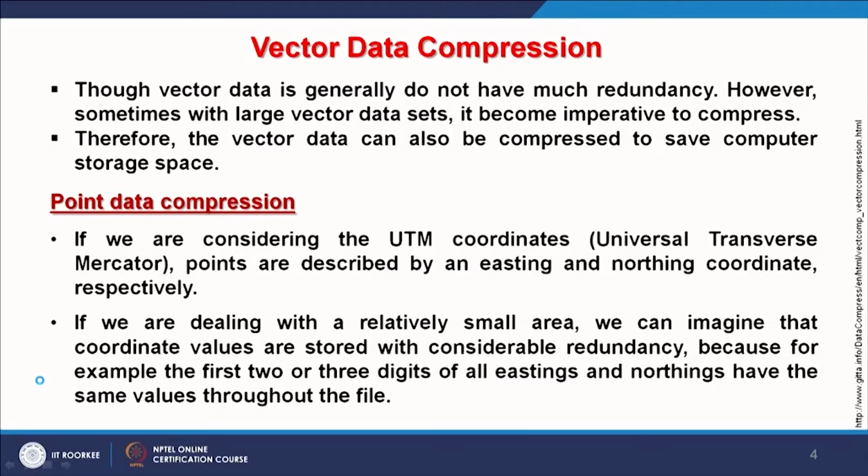In case of point data, if we consider the UTM projection, universal transverse Mercator projection, then this data is described in terms of easting and northing coordinates, that is in meters, whereas non-projected data is in DD, decimal degrees, which is what we get as latitude longitude.